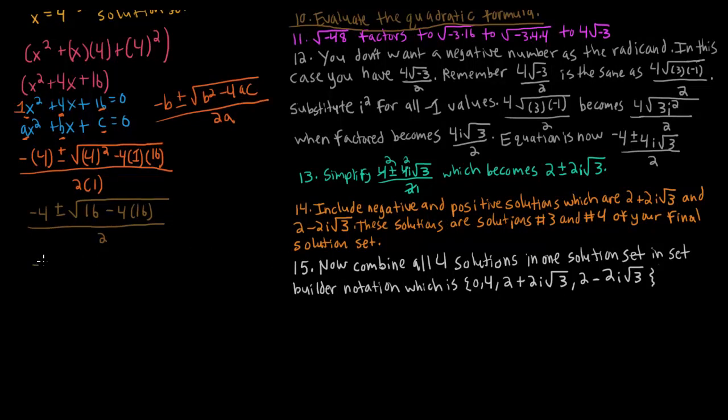So you have negative 4 plus or minus the square root of 16 minus negative 4 times 16, which is just negative 48, and all of that over 2. And then keep simplifying.